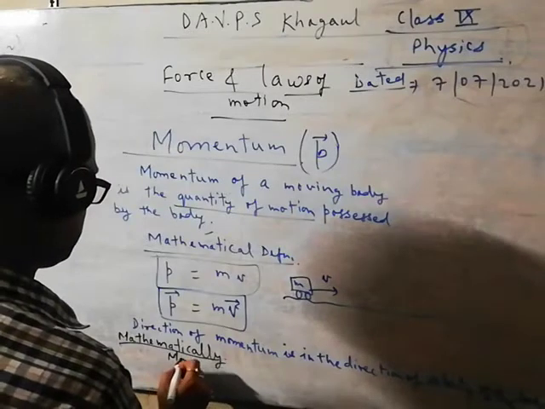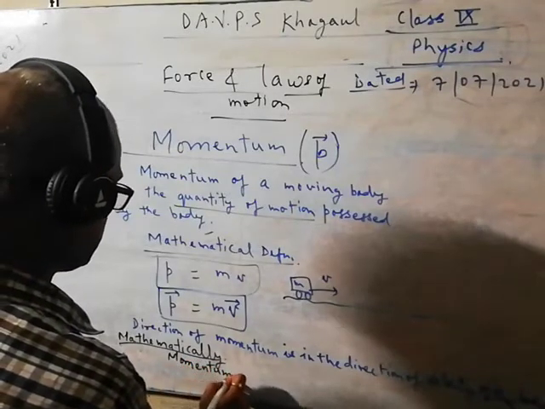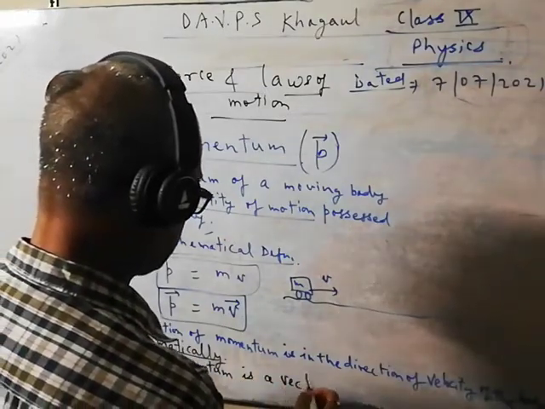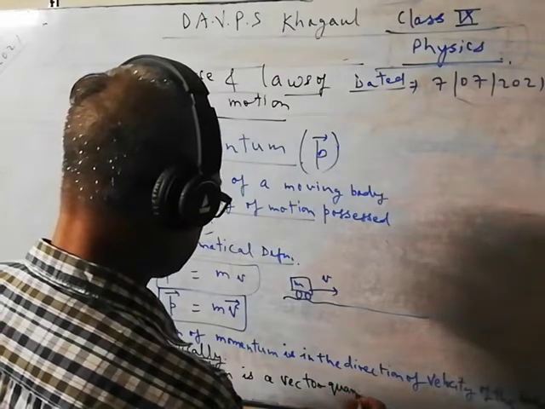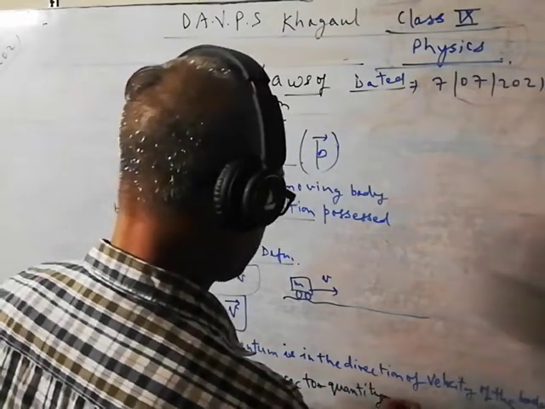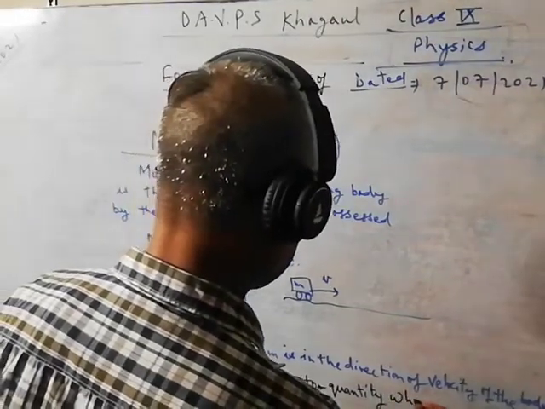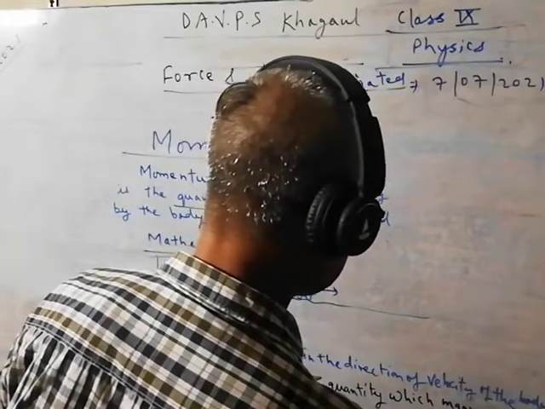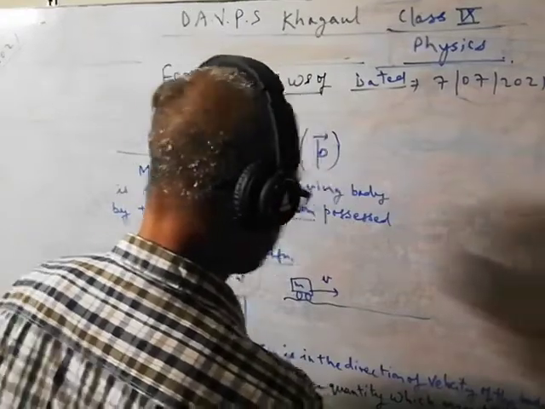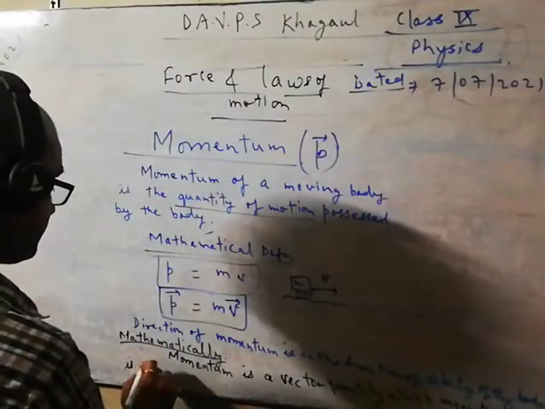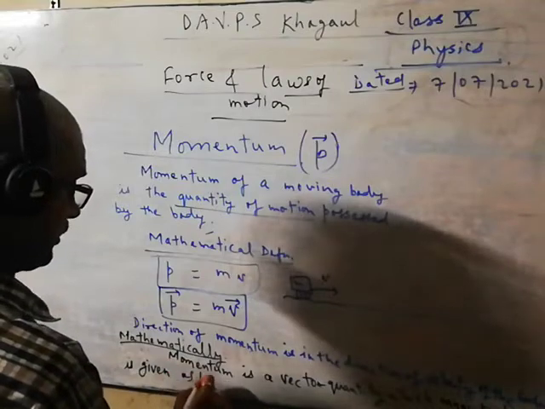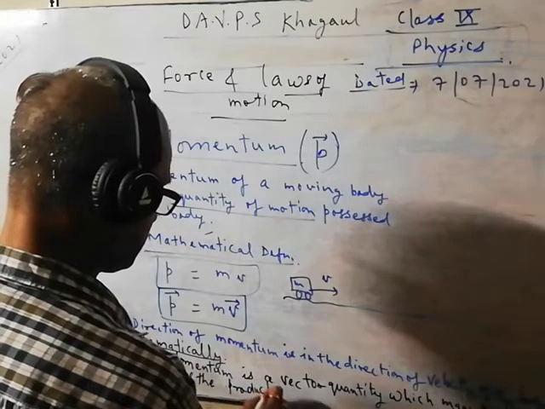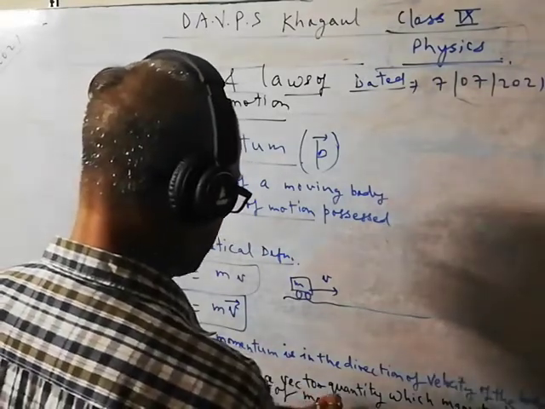Momentum is a vector quantity whose magnitude is given as the product of mass and velocity.